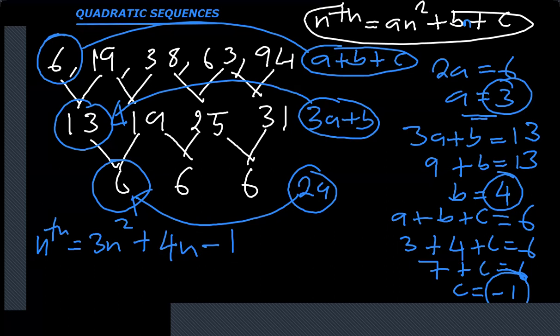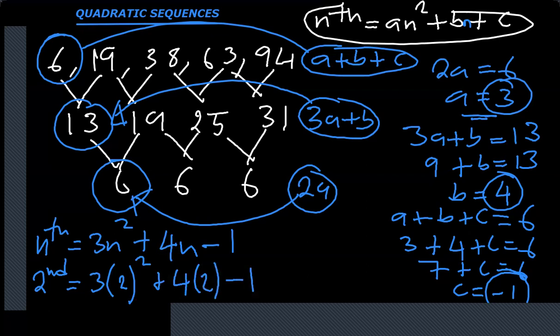Let's try proving that it's actually true. We could try getting the second term, which is 19, using our formula. So the second term is equal to 3 times n squared, where n represents the position of the term, plus 4 multiplied by n, minus 1.